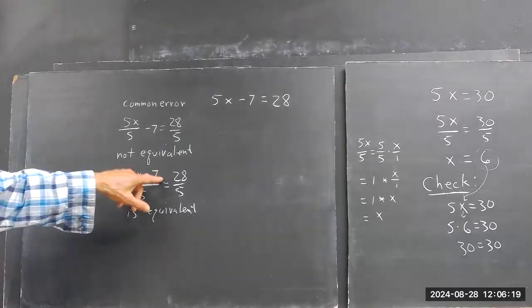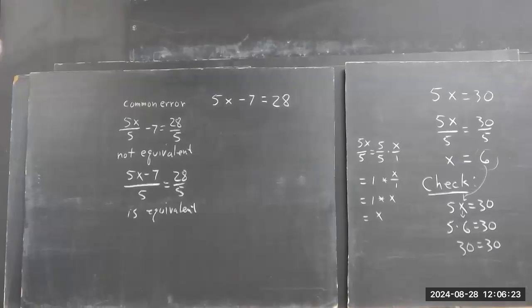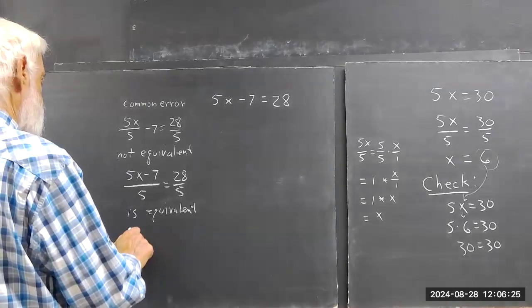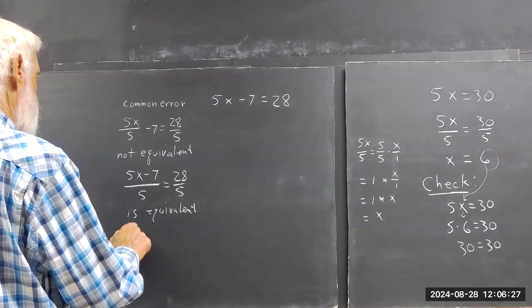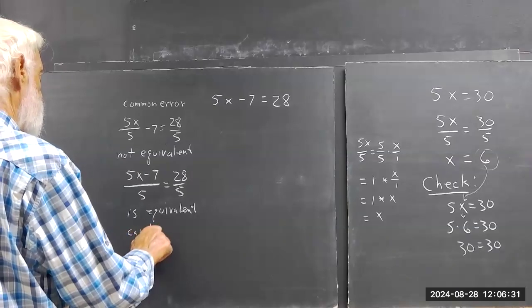If you divide the whole 5x minus 7 by 5, that is equivalent. This can lead to the solution.